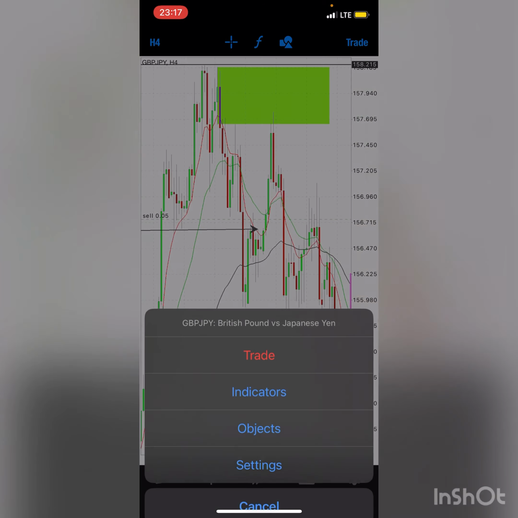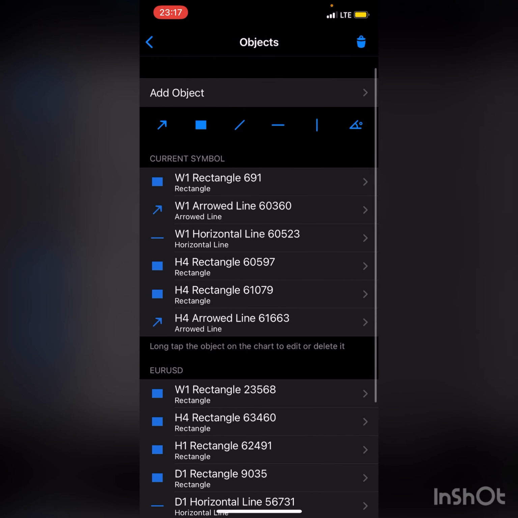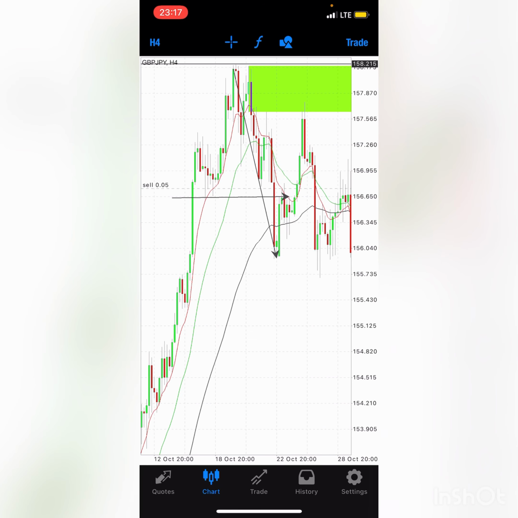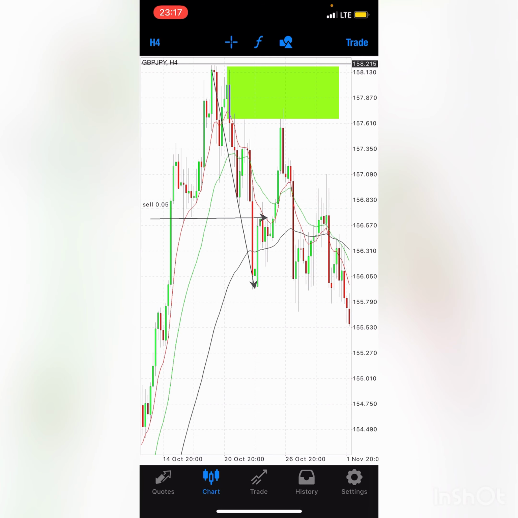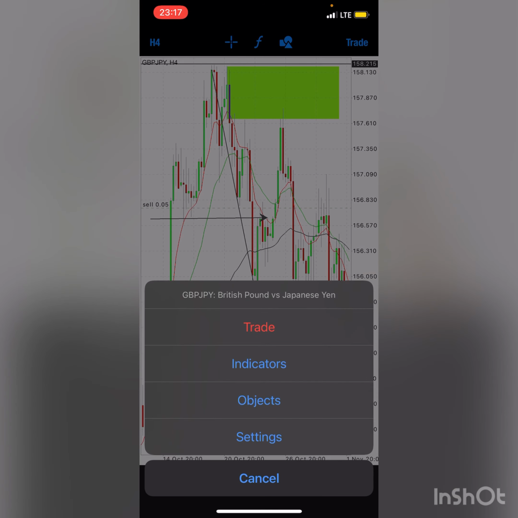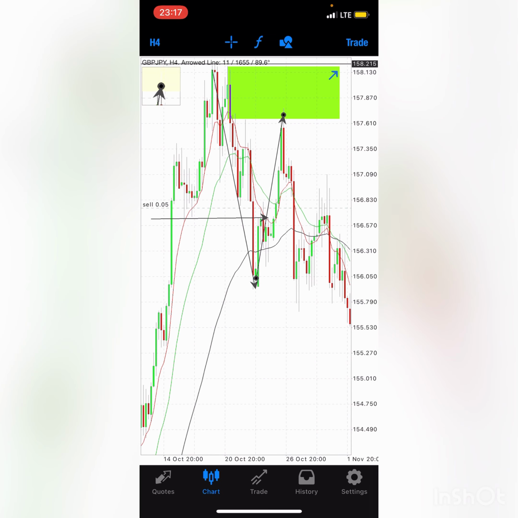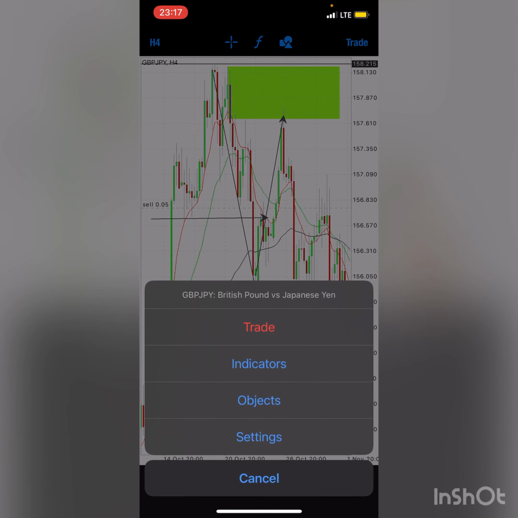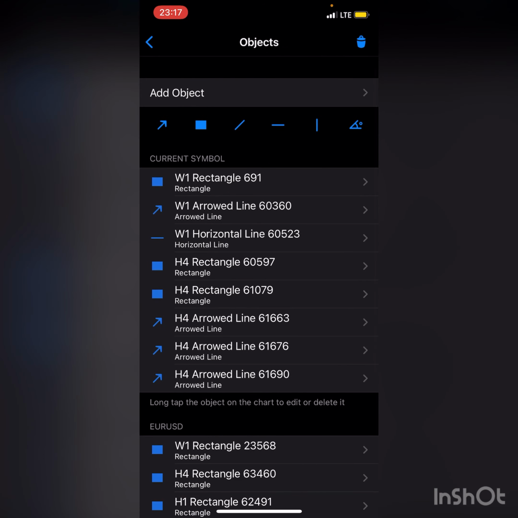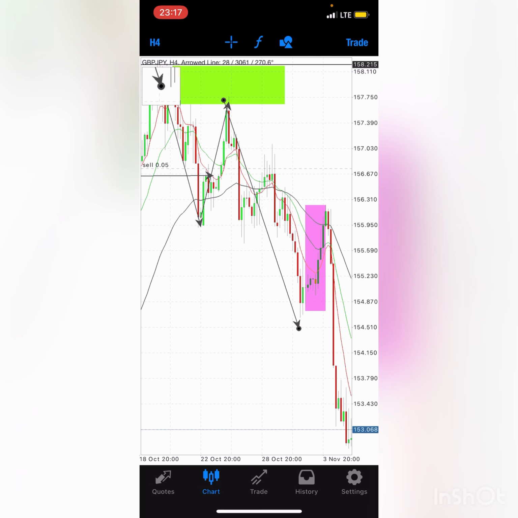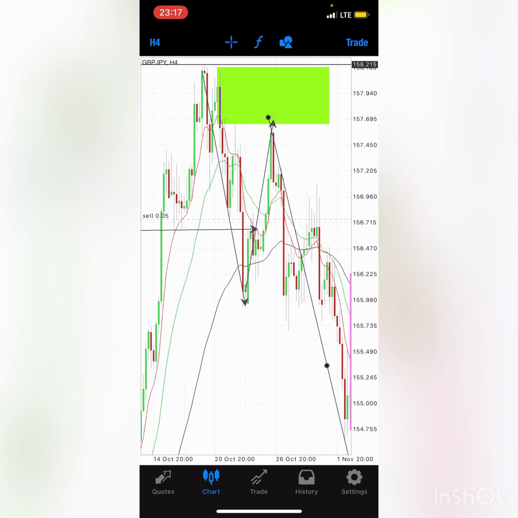What did price do? Price broke previous structure here. I hope you all can see that. Price broke previous structure right there, and then price went up, tested that zone that price left behind, and then shot all the way down, right?